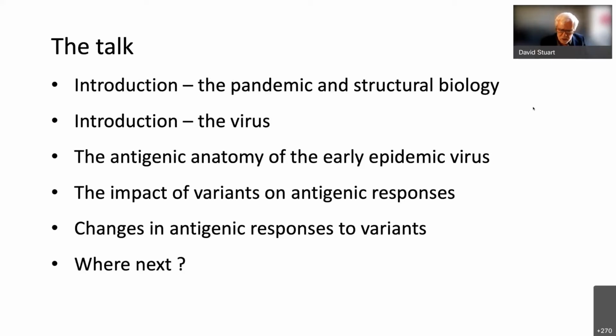I'll see how I get on with the talk. I put together a talk that's different to ones I've given before, so I may misjudge the time. I'll give a couple of slides of introduction to the pandemic and the virus, talk about the antigenic anatomy of the early pandemic virus, and then talk about the impact of variants on antigenic responses and briefly mention the changes that occur in the antigenic responses in response to these variants.